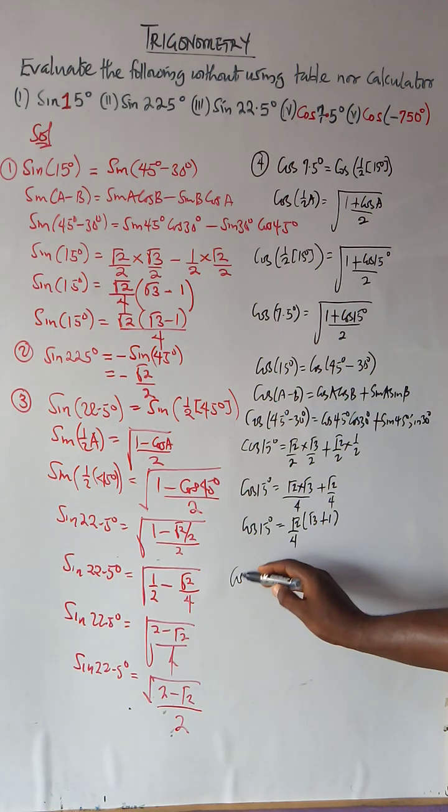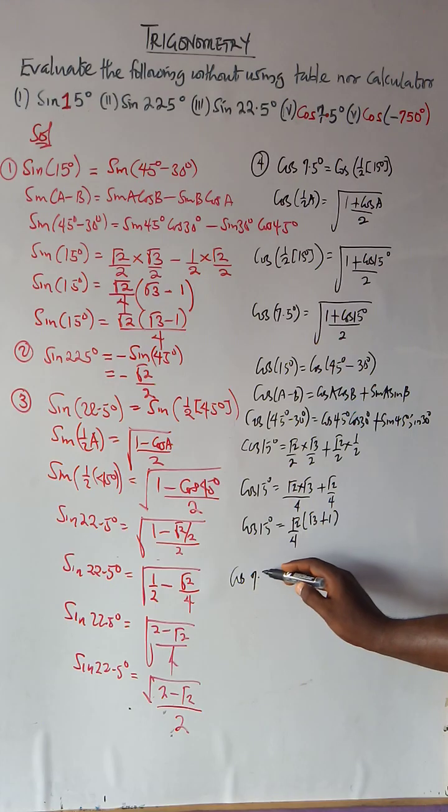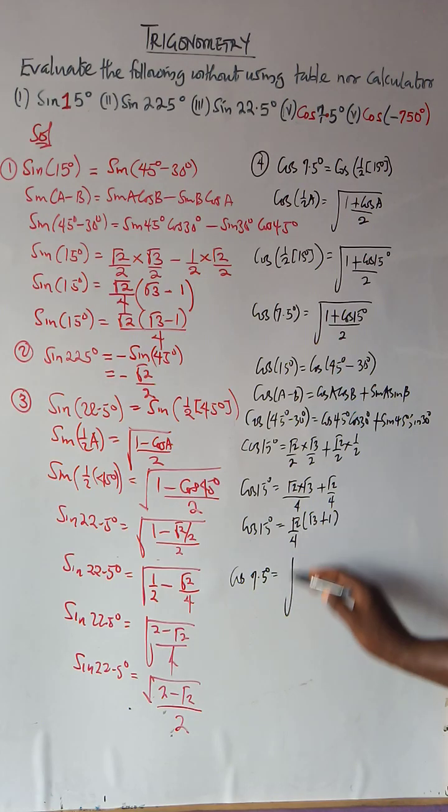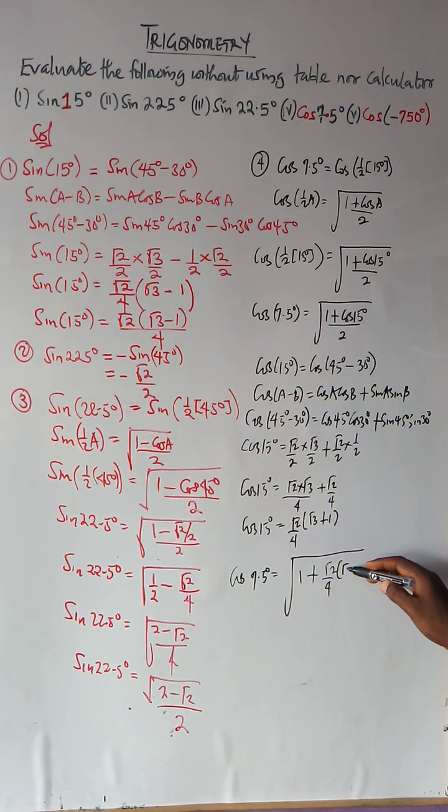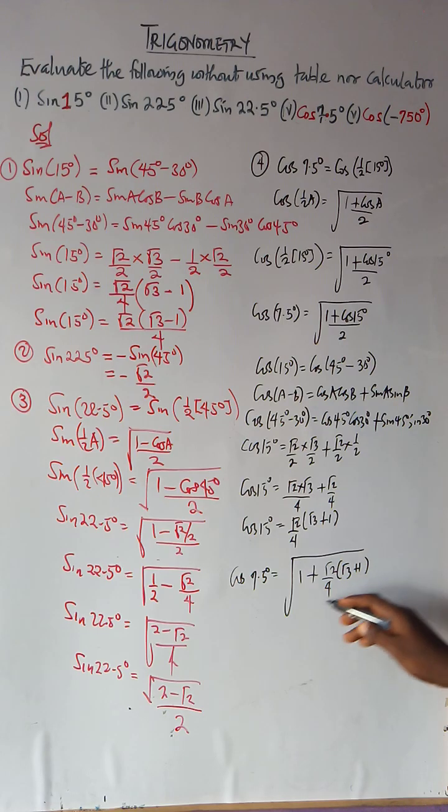So it means cos 7.5 degrees equals the square root of 1 plus cos 15, which is root 2 over 4 into root 3 plus 1, all over 2.